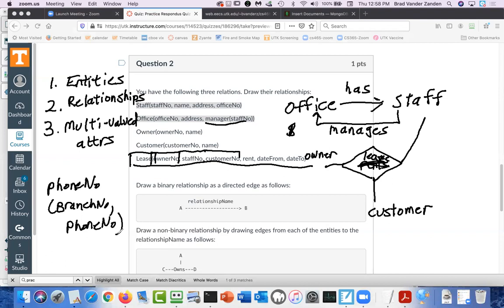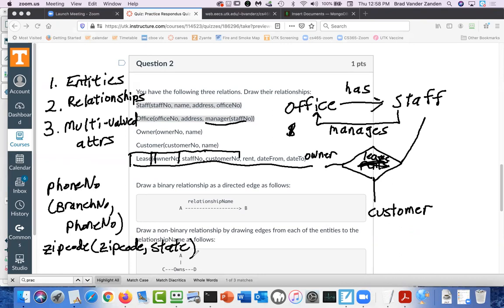Zip code would have been a similar example. There were a number of times we created relations where you had essentially a zip code, and it was something that mapped a zip code, say, to a city or a state. Zip code really is not an entity or a relationship.